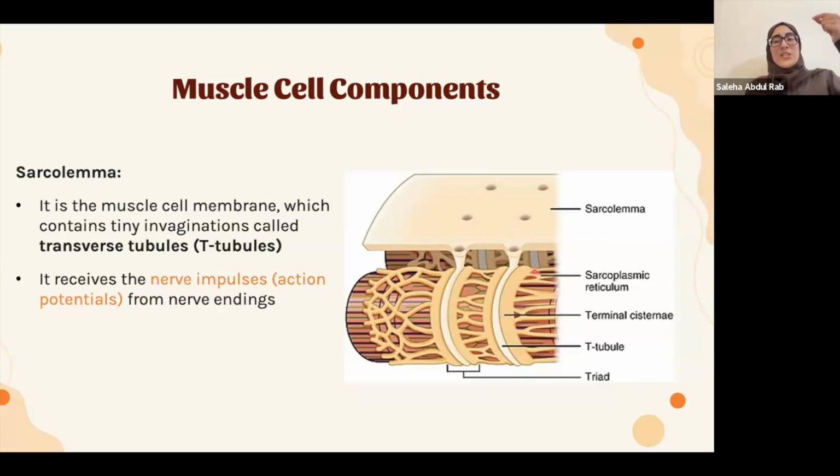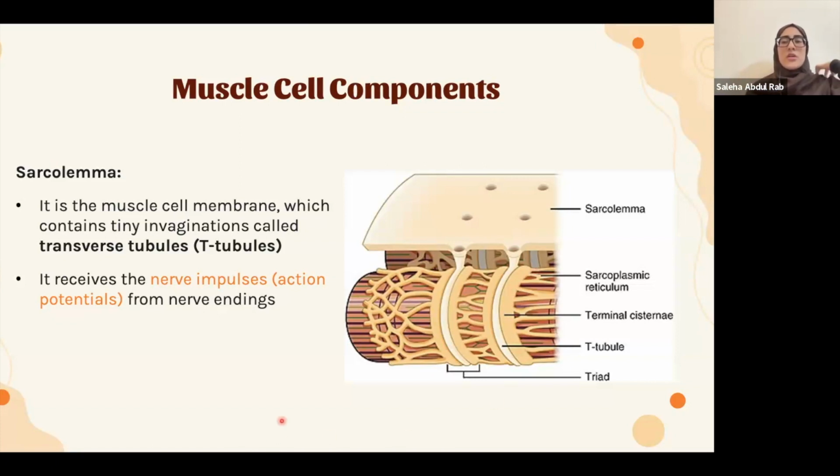So essentially, the T-tubules are extending from the cell membrane, and the terminal cisternae are an extension of the sarcoplasmic reticulum, and they both come very close together. This means that the cell membrane extension is able to touch an extension of the sarcoplasmic reticulum. They have communication there, okay? So this sarcolemma receives nerve impulses from nerve endings.